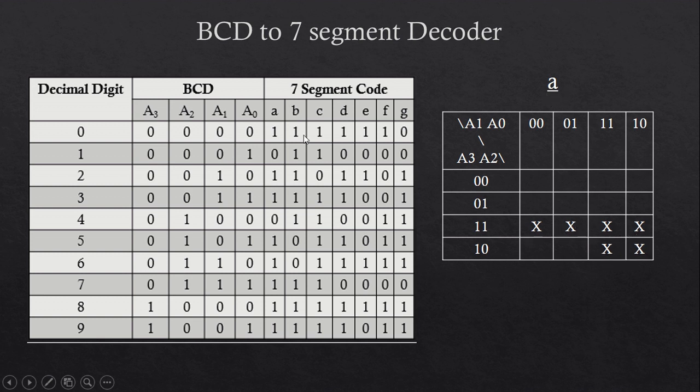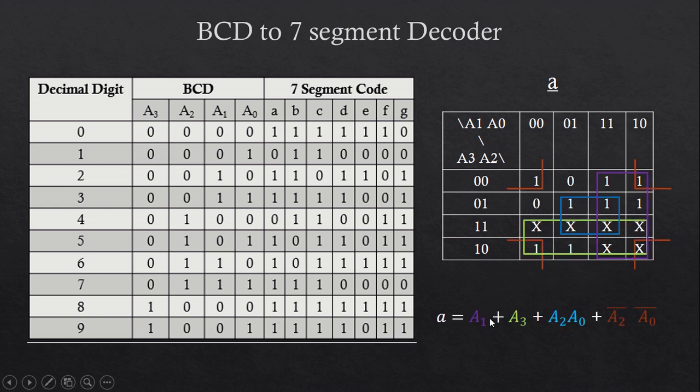So, for A, we have 1 0 1 1, 0 1 1 1, 1 1.